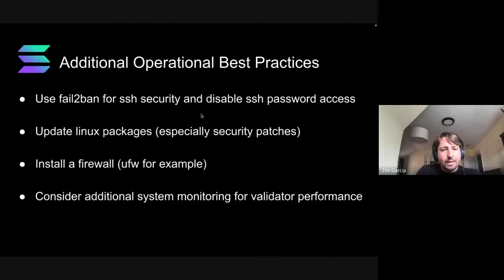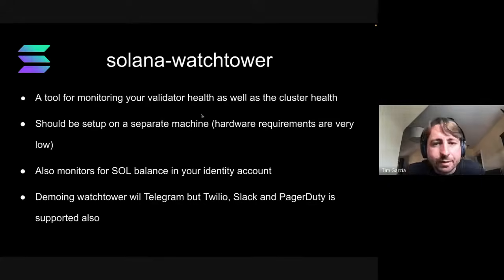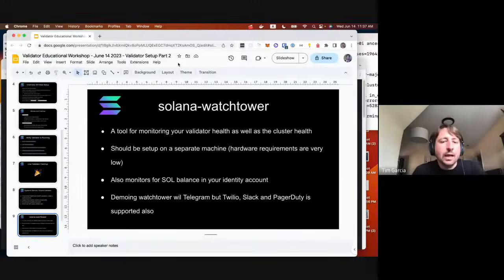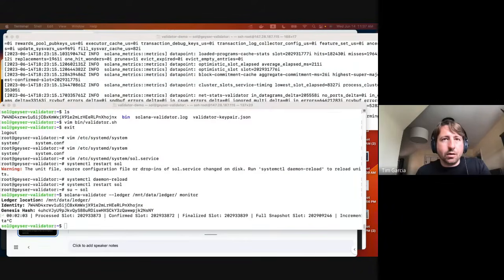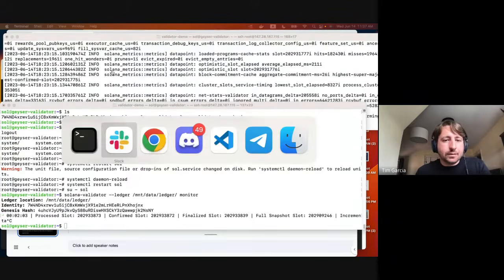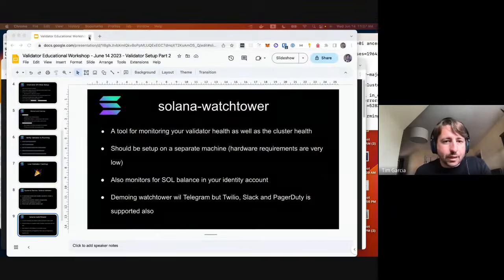Yeah, so let's set up Watchtower. I'm going to do this with Telegram. I've already set up a bot. So we should be good to go. The only things that we need here are, again, 2 environment variables. I've got some modifications to docs.solana.com that should be coming out soon.